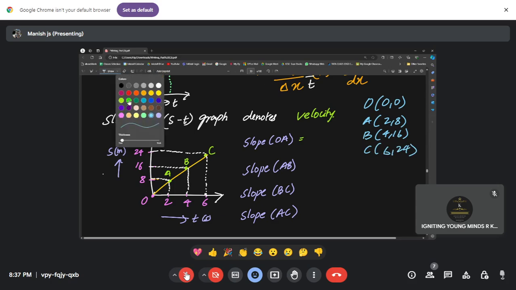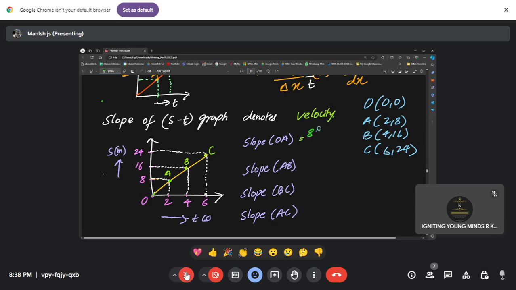Now we are going to compute the slope for OA of the graph. So what is the slope for OA? Change in y-axis upon change in x-axis. Let us see from the region O to region A. So y-axis, it is changing from 0 to 8. So what is the change? 8 minus 0.